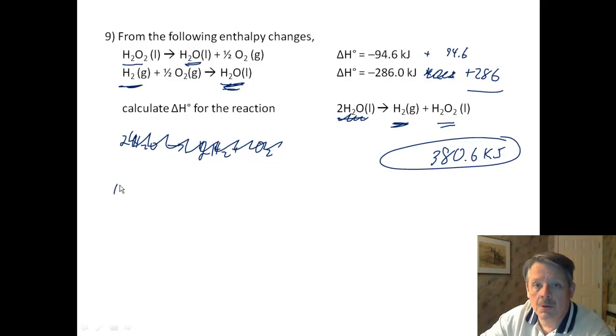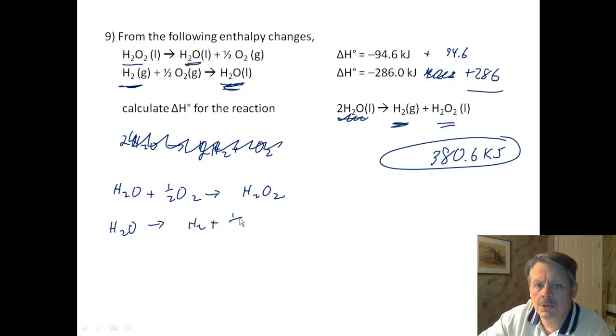All right, so I get H2O plus 1 half O2 gives me H2O2. And I'm reversing the bottom one also, which is H2O gives me H2 plus 1 half O2. Let's see, the 1 half O2 is on both sides, so they go away.